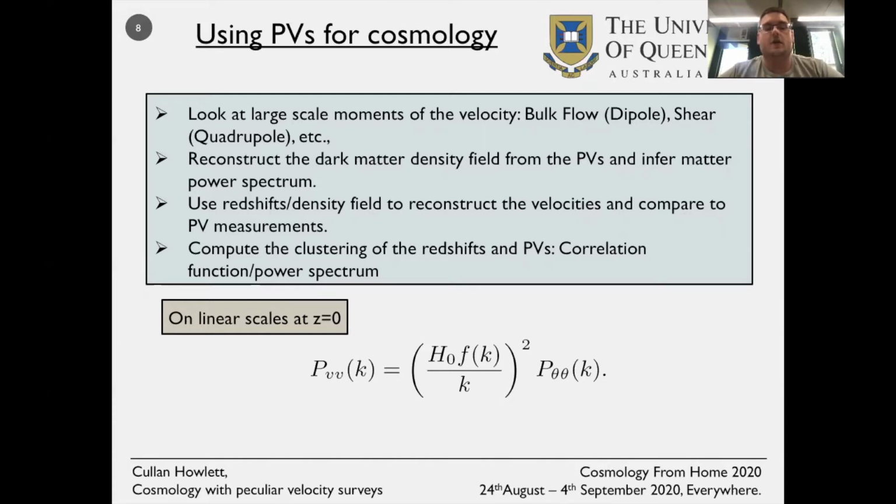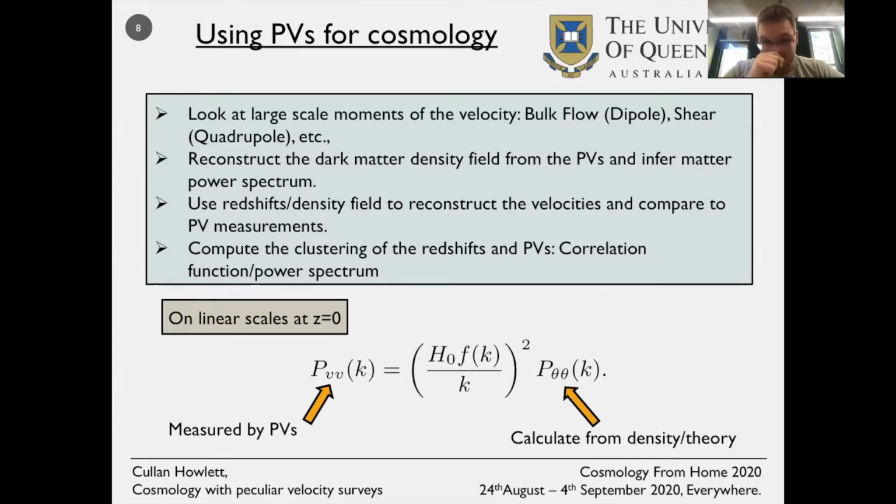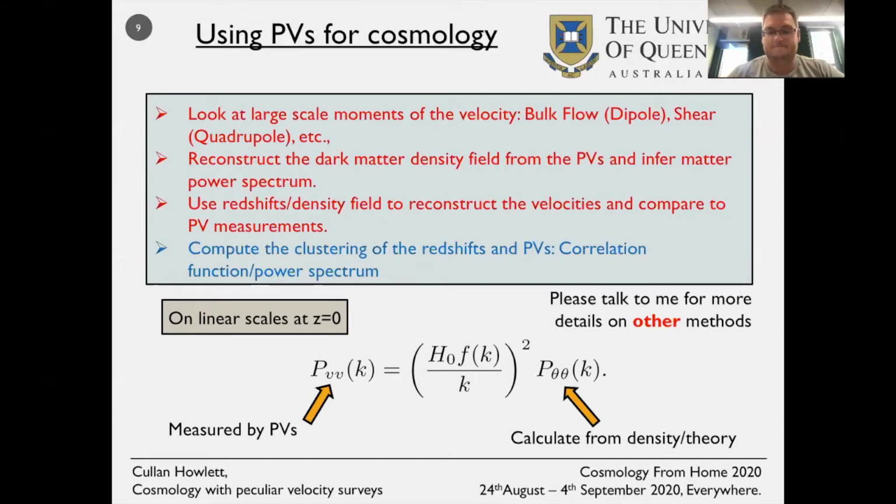And that's that on large scales at redshift 0, you have this peculiar velocity power spectrum, which you can measure with the peculiar velocities. And you can write this as a function of your matter power spectrum on the right, which you can calculate from theory, or you can measure from redshifts or some map of the density field. And those two things are related by the quantity that we're interested in, which is the growth rate of structure.